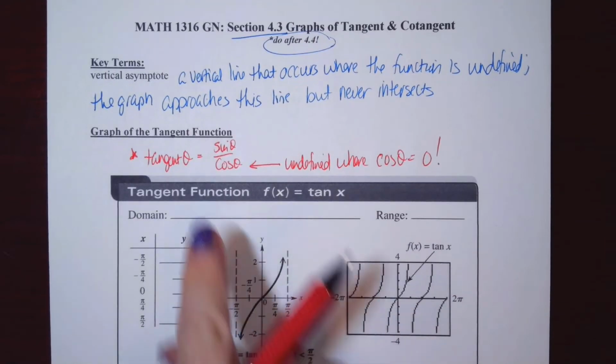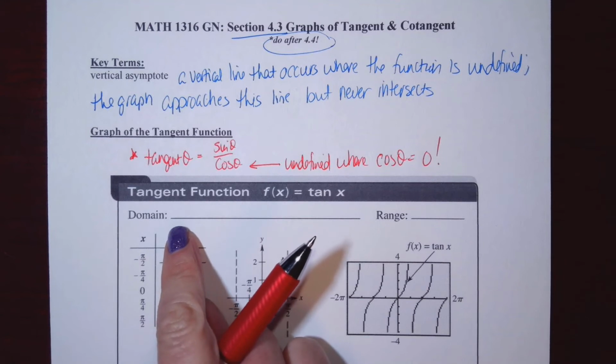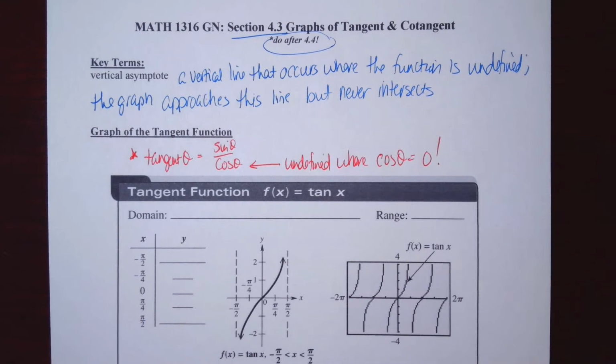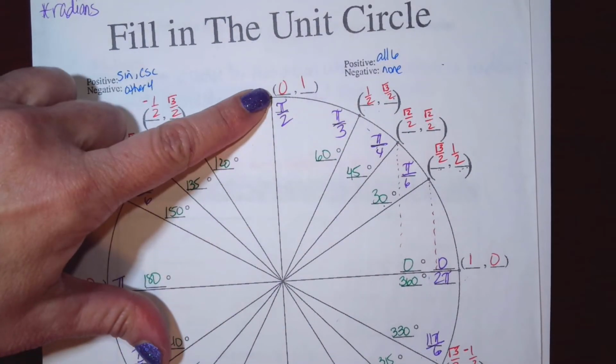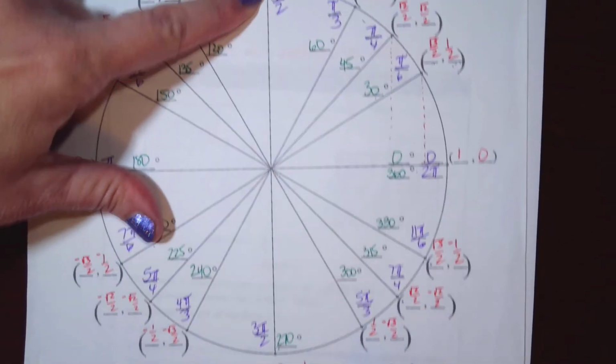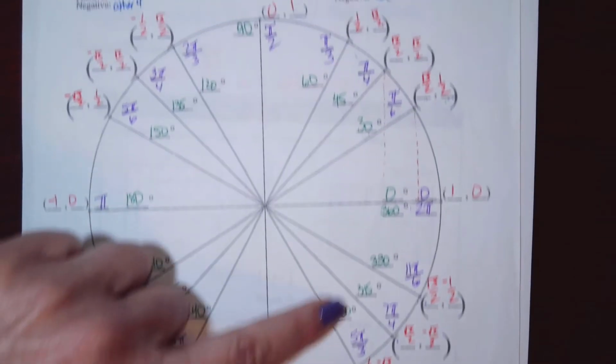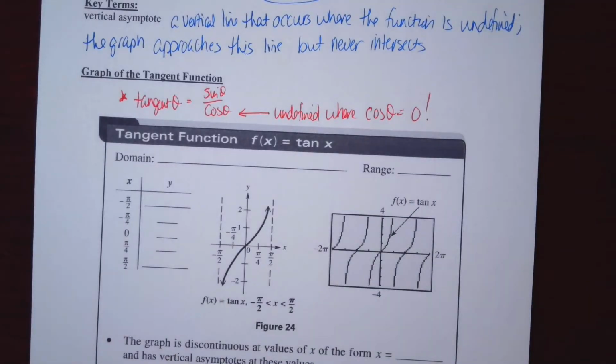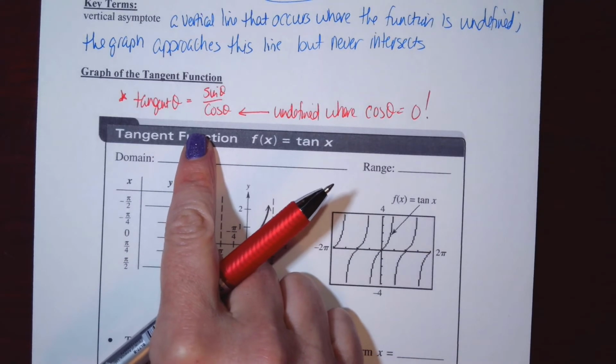What that looks like for our domain here, well, cosine is 0 at my odd pi halves, 1 pi half, 3 pi halves, and then as I keep rotating around. So at the odd pi halves is where my tangent function is undefined.